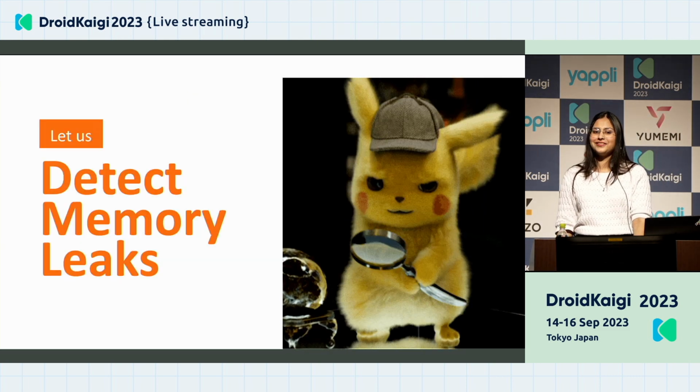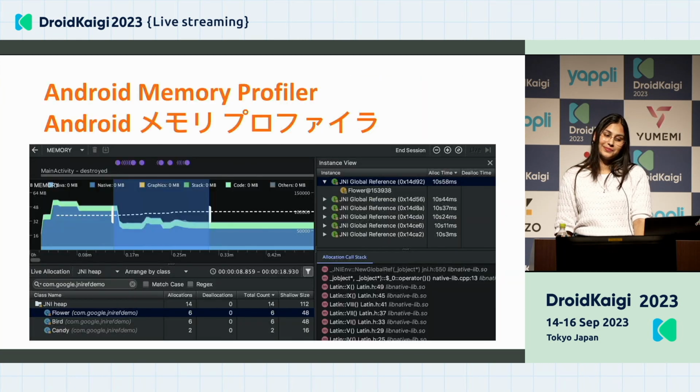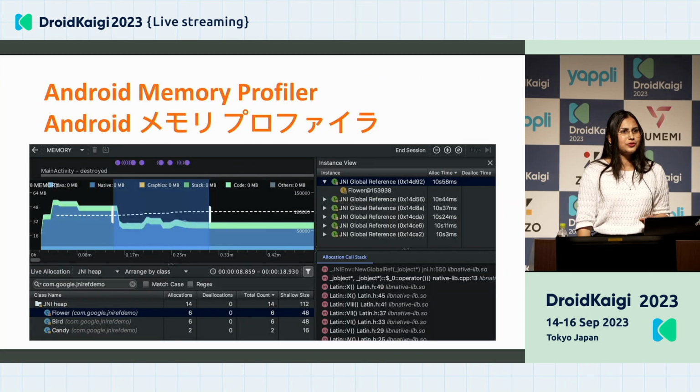So let's detect these memory leaks. When it comes to memory leaks, developers often turn to Memory Profiler, which is integrated with Android Studio. Obviously, you can analyze and optimize memory usage in the Android application. Through this, you can monitor and track how the memory leaks are working.